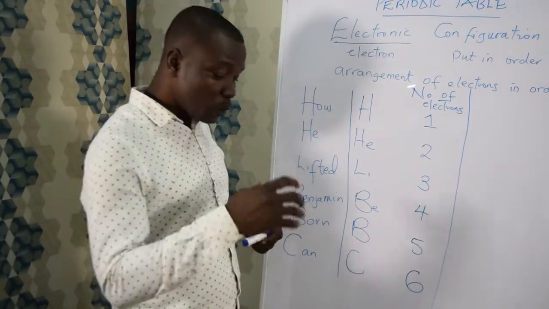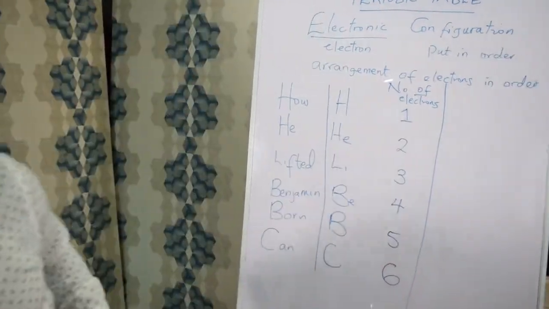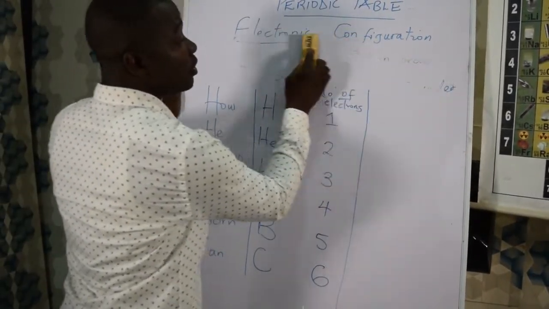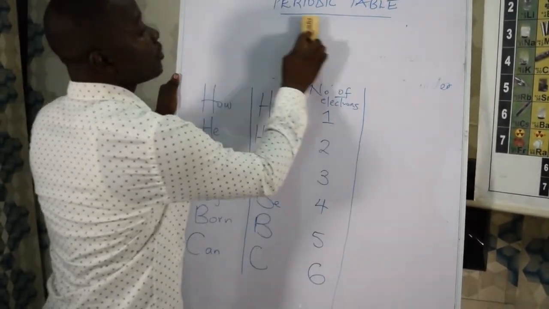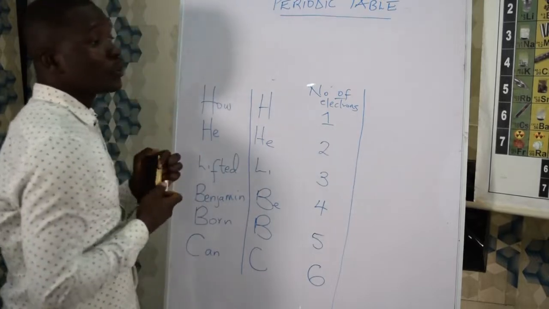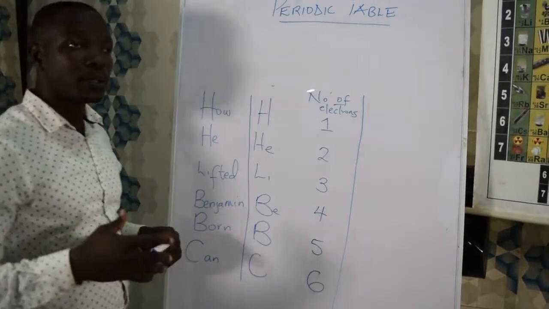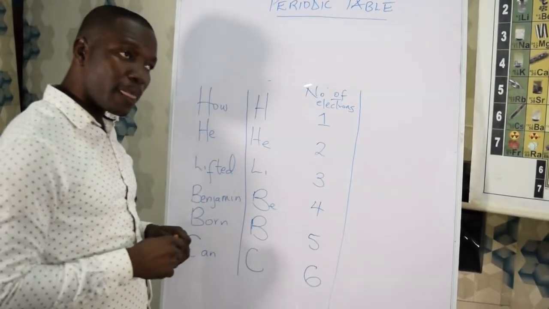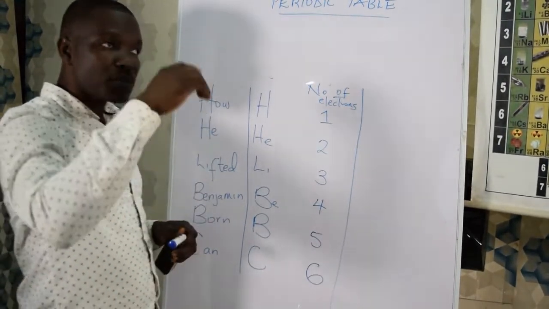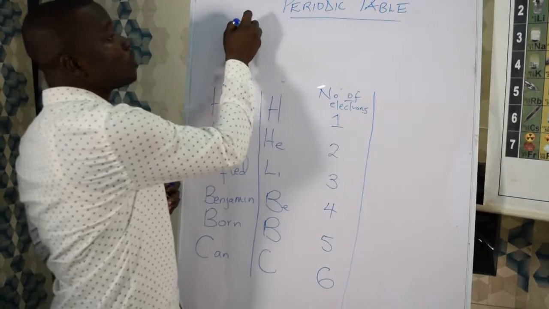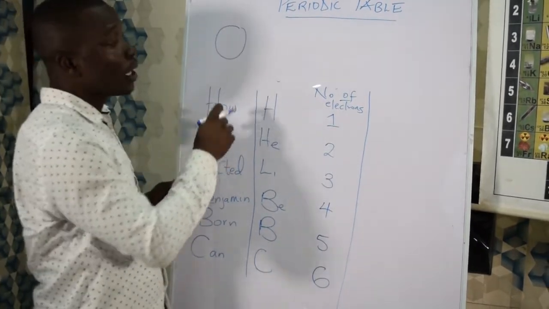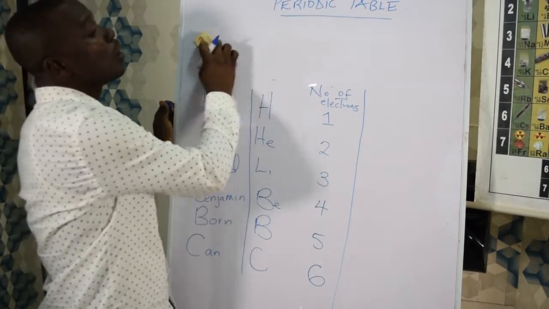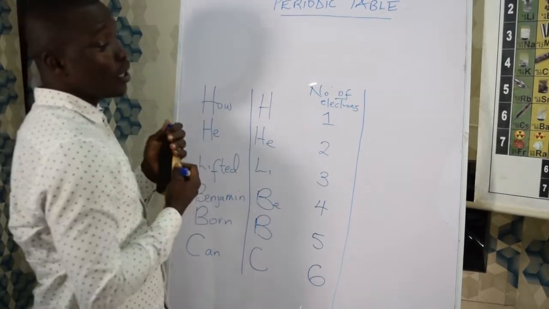Now, there is a rule for writing the electron configuration. We normally say the shells. I think you remember when we drew the structure of the atom. We had a nucleus having protons and neutrons. So that's what we are going to use here.